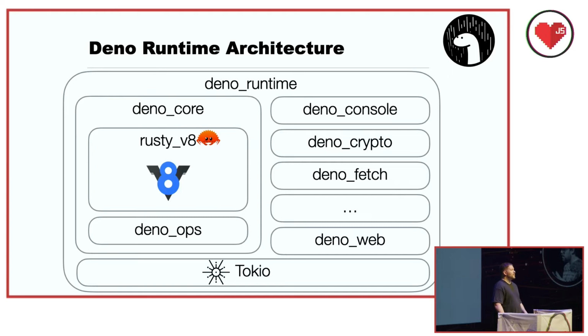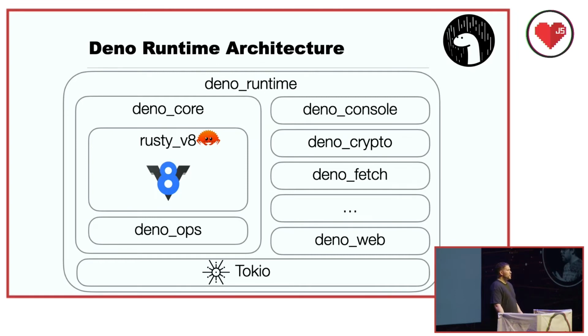So the next layer up, because this is a multi-layered architecture, you'll see we still have the Deno core layer here, but it's now wrapped in another crate called the Deno runtime. So the Deno runtime is a more complete JavaScript implementation. Technically you could run JavaScript with Deno core, but it'll be a lot more involved. So the Deno runtime abstracts a lot of those things for you.